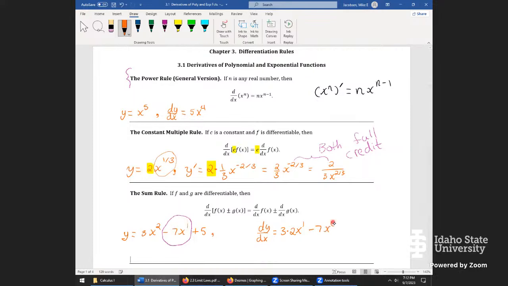The new power on x is 0. Now, that's a little bit weird. If all you write is -7 right here, that's the better answer. I'm forcing myself to take an extra step if I write x power 0. But keep in mind, I think we mentioned this before, x power 0 is 1. So that's not too bad to put the 1 in there just to help out, but it's going to be just a -7 on our next steps.